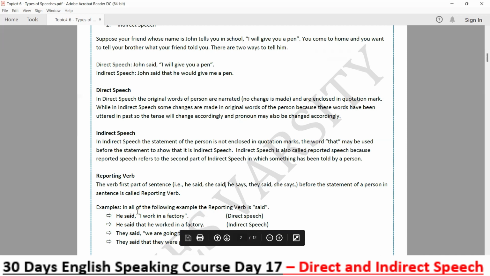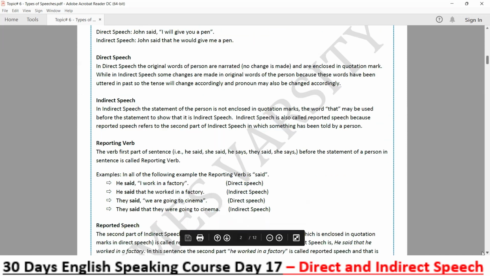Examples: in all of the following examples, the reporting verb is said. He said, "I work in a factory." Said is the reporting verb in this sentence, which is direct speech. If we make indirect speech of this sentence, then it will be: he said that he worked in a factory.